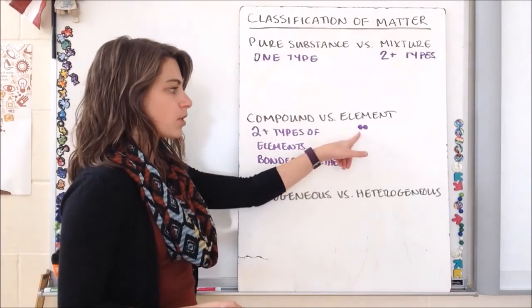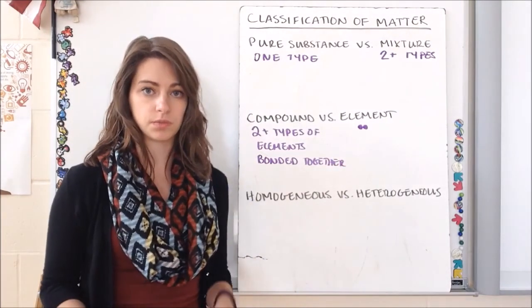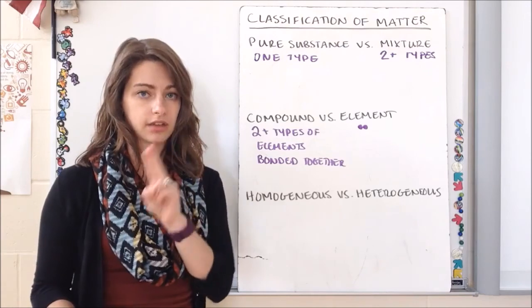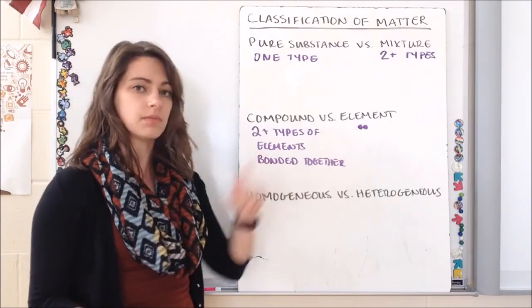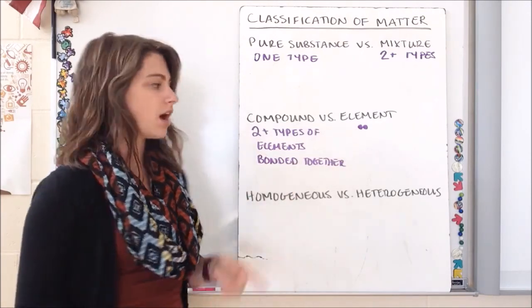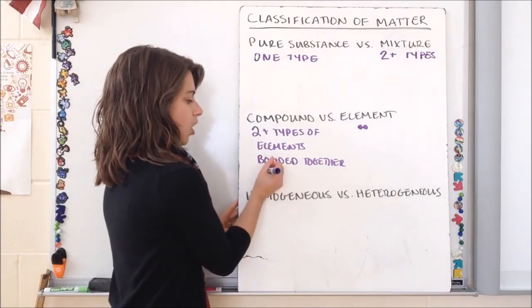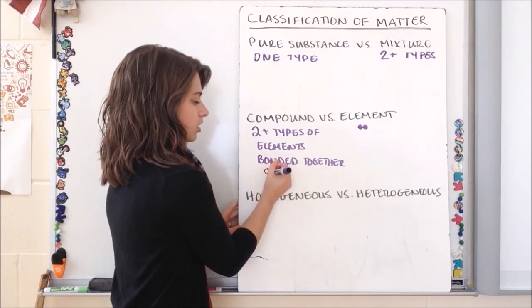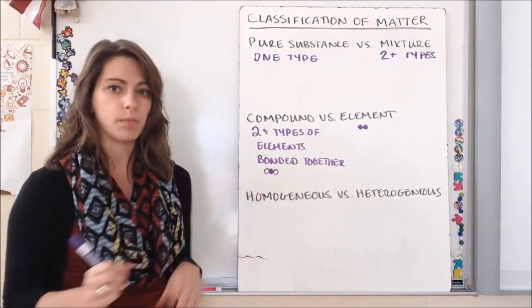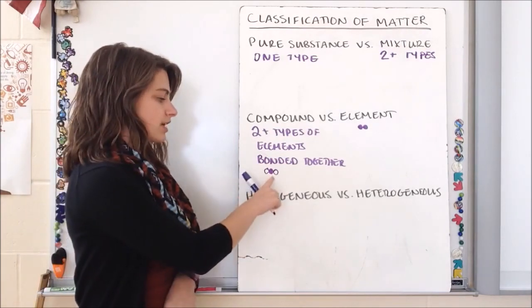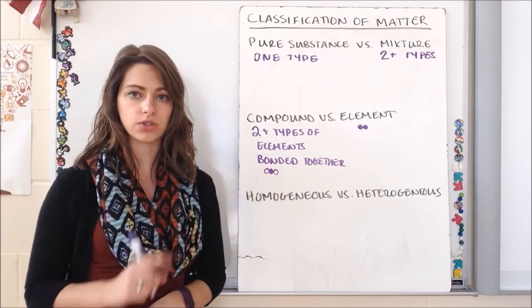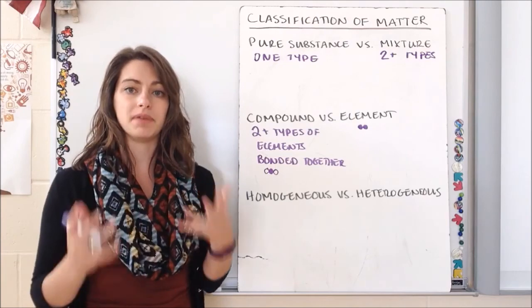It's still a purple circle, but it's two of them stuck together. Since it's only one type, that makes it an element. A compound would be like an open circle, a closed circle, and an open circle. So it has two different types of particles or elements bonded together to make one bigger particle.